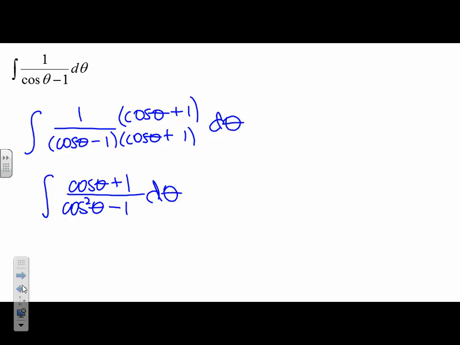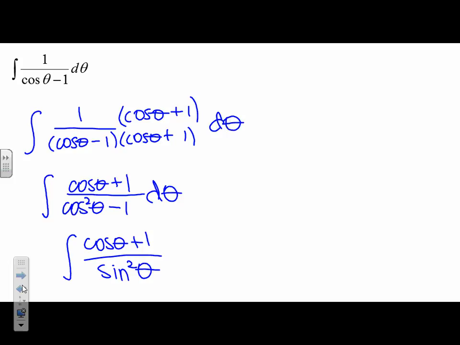Please tell me that you know what cosine squared minus 1 is. Sine squared. Let's go. Hey, I taught you trig. Would the sign be negative?